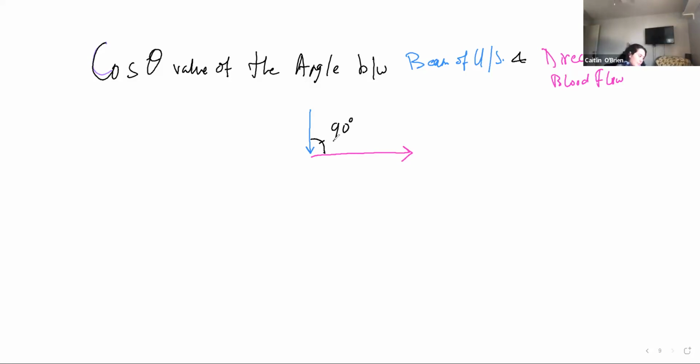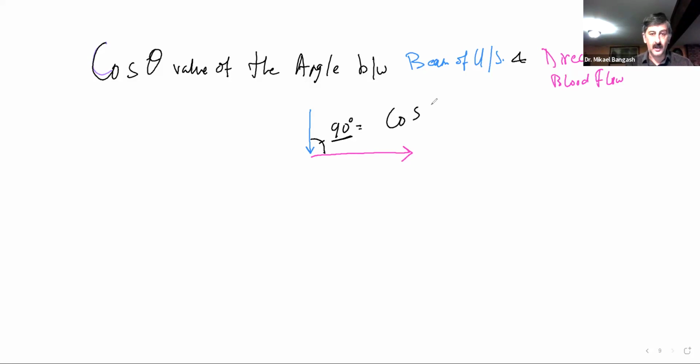Now, this 90 degrees has a cosine theta value. So the cosine theta value of 90 degrees is 0. Did you guys get that?